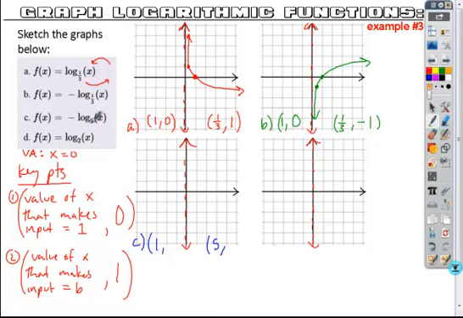So if you test in 1 here, 5 to what power is equal to 1? 0, times a negative is 0. So here's your first critical point. Your next one, 5 to what power is equal to 5? 1, times a negative gives you negative 1. So here are your 2 points, (1, 0) and (5, -1). And so here you can see that this time your function looks like this.